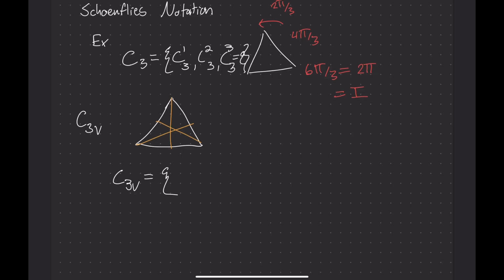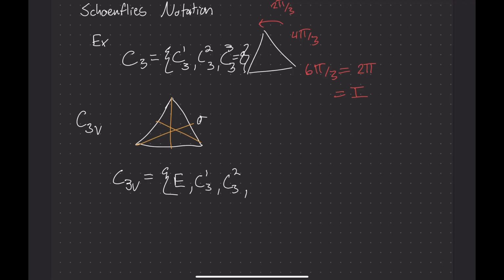with the rotations. So do no rotation, or the identity. And then 1 threefold rotation, 2 threefold rotations. And now we're going to talk about these mirrors.